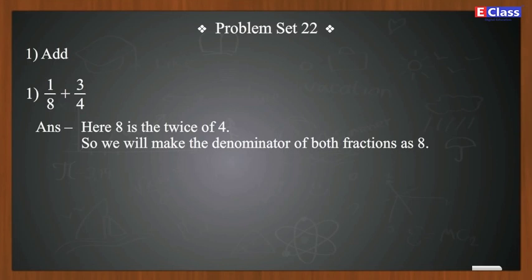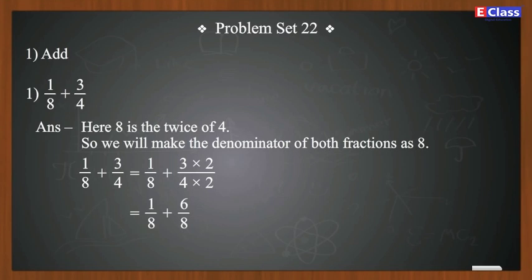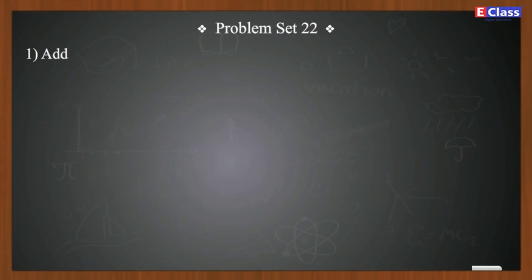So, we will make the denominator of both fractions as 8. 1/8 plus 3/4 is equal to 1/8 plus (3 multiplied by 2)/(4 multiplied by 2), which is equal to 1/8 plus 6/8, which is equal to (1 plus 6)/8, which is equal to 7/8.